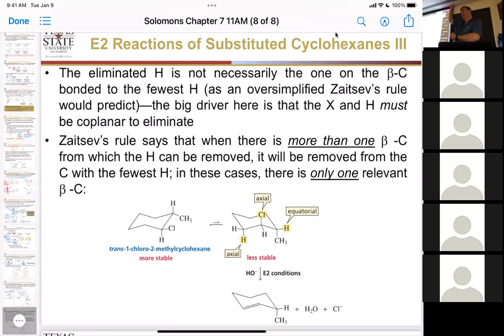You can only do it when it's in the axial position. So both the hydrogen and the chlorine, correct, and they have to be opposite each other. Yeah. So if you take this right here and draw a Newman projection from it, you'll see that in the equatorial position, it's anti to the carbon in the ring. And in the axial position, it's anti to a hydrogen, and you can eliminate it. Okay.